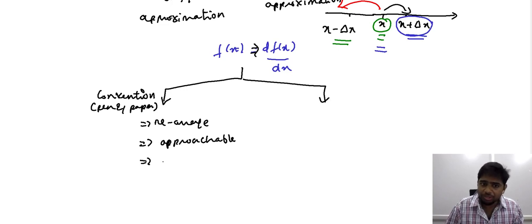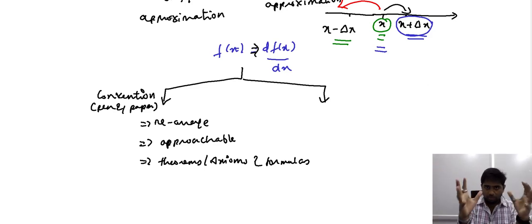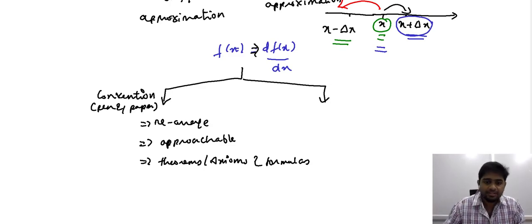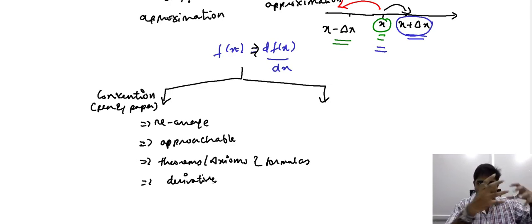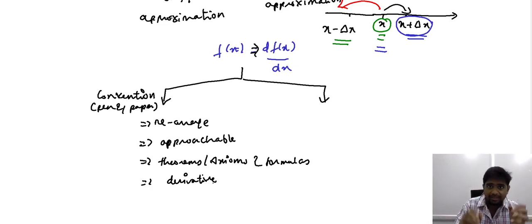Then we consider certain theorems, axioms and some formulae that are known to us. We take a function, look into it, develop it, rearrange it, make it approachable, then introduce different theorems, axioms and formulas, and ultimately solve for the derivative. We solve by hand, considering each and every step, and we ultimately arrive at the derivative of this function.